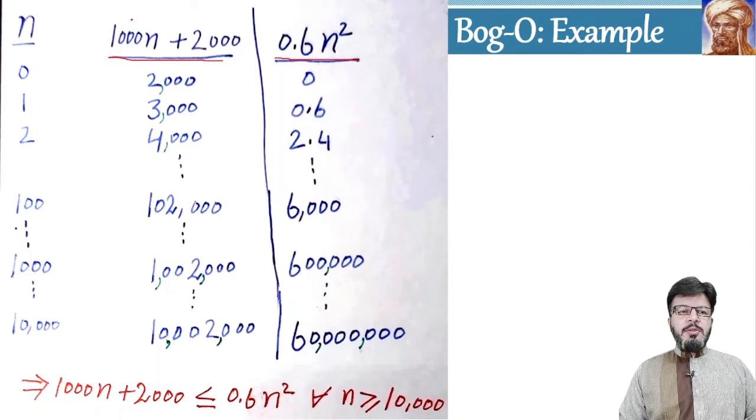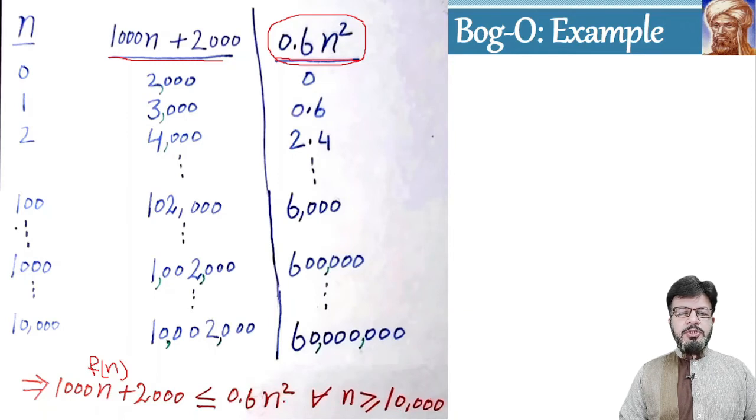As we have seen, this function once again dominates this function when the value of n is greater than or equal to 2000. So from all the discussion we made while discussing the growth of functions, we can conclude that f of n is less than or equal to g of n, which is n square multiplied by 0.6, and this is true for all n greater than or equal to 10,000.